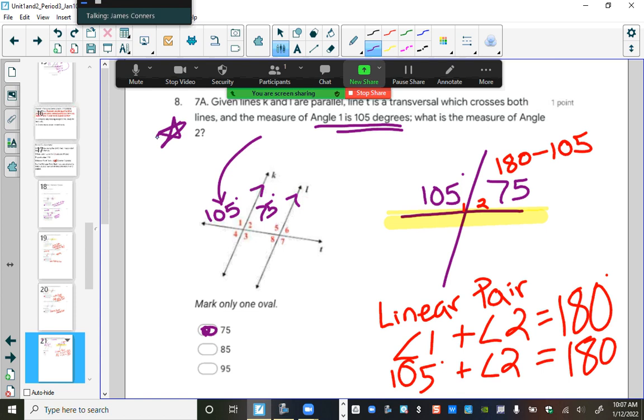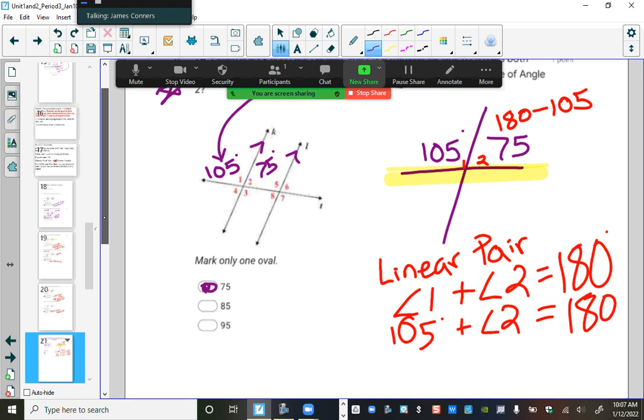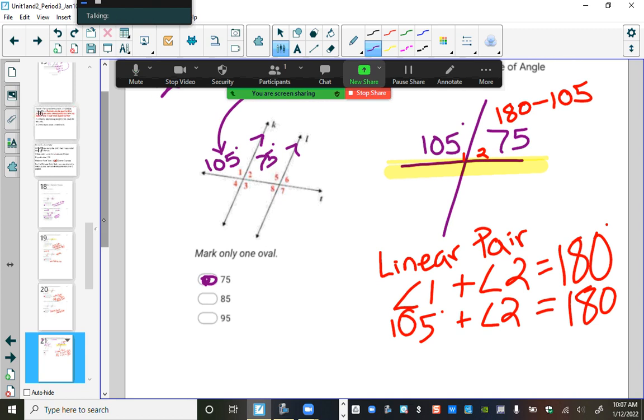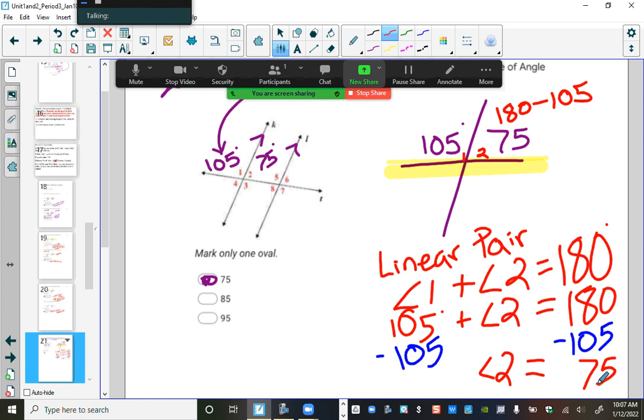All right. Questions on the linear pair deal? Angle 2 is 75.